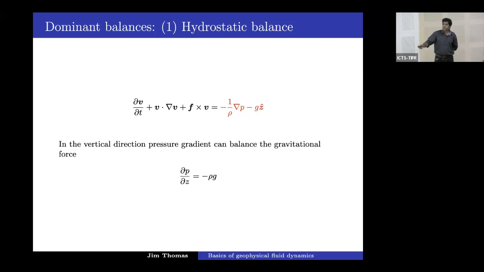This breaks down when you have strongly convective events in the atmosphere, cloud-related processes, strong precipitation. These things can change hydrostatic balance, but as long as you're far away from these strong convective events, to a good approximation hydrostatic balance holds in the atmosphere and the ocean at large enough scale. So 10 kilometers and above, you find the hydrostatic balance acting very often.